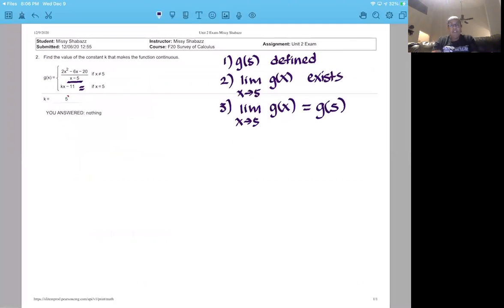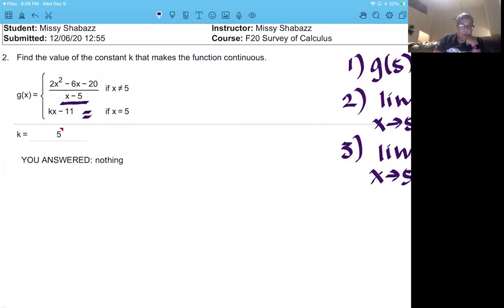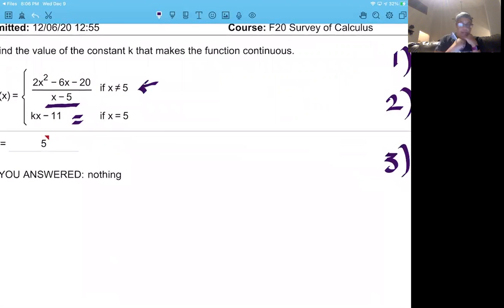So the limit's going to exist from the left or from the right, from this part right here. The limit's going to exist from that part because it's just going to create a hole at 5.